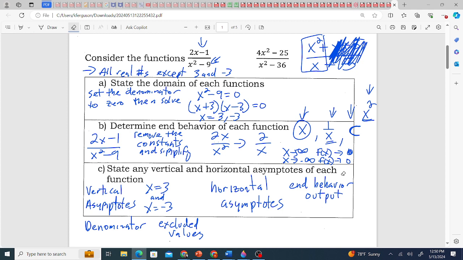Otherwise, you say none, or no horizontal asymptote.